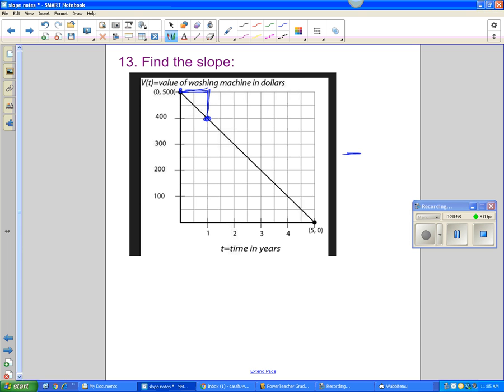Just one. Look. Just one. Yep. Okay. Does that make sense? Okay. So it would just be negative 100 divided by 1. What's negative 100 divided by 1? Negative 100. Okay. So, we'll do more practice with those before I put one on a test or quiz.